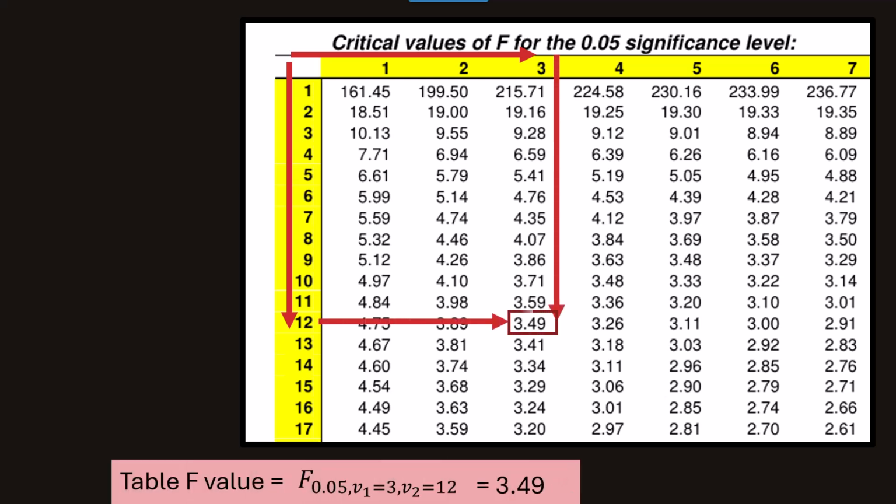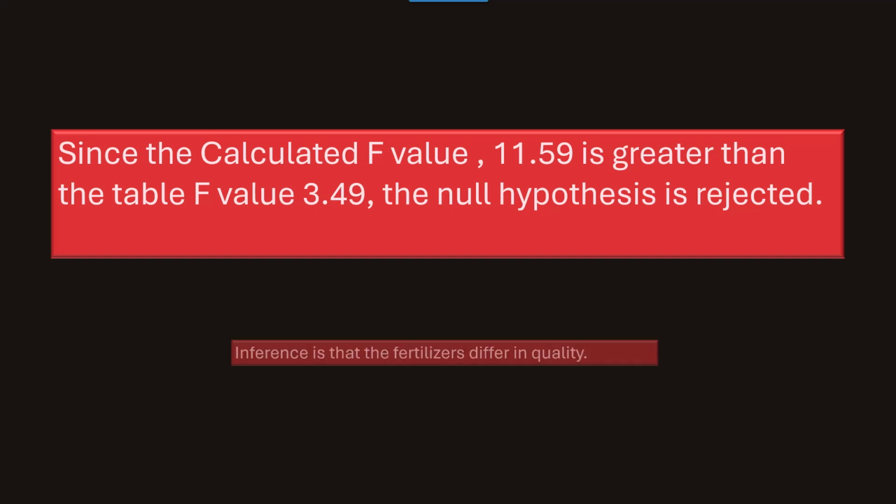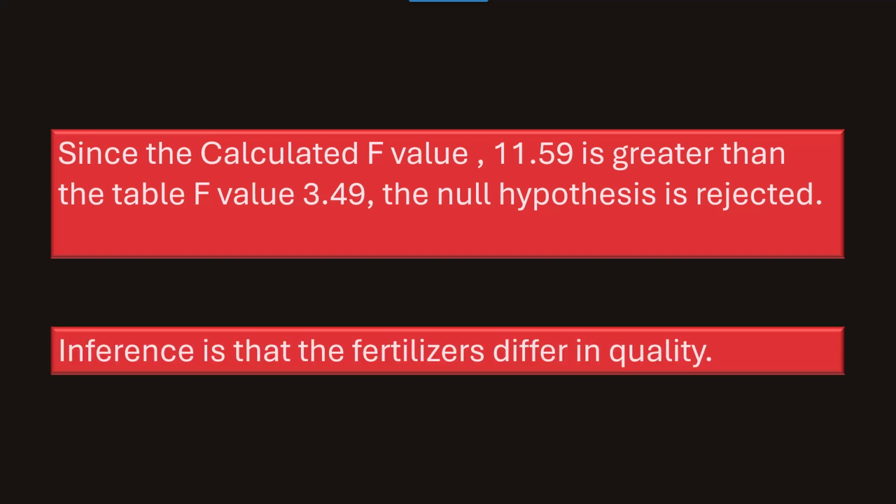It is 3.49. Our conclusion is, since the calculated F value 11.59 is greater than the table F value 3.49, the null hypothesis is rejected. The inference is that the fertilizers differ in quality.